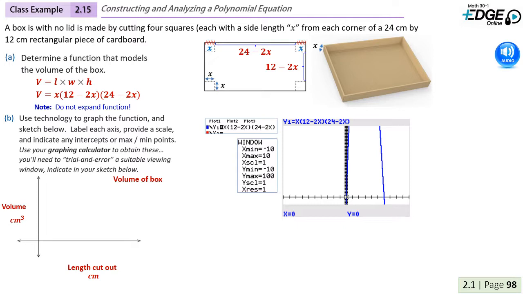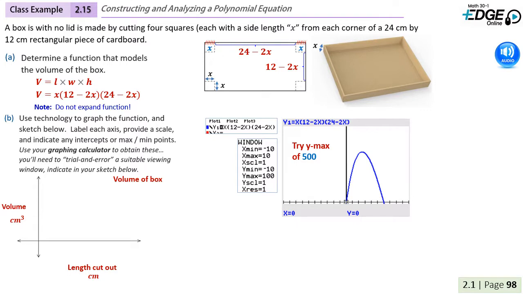I encourage you to not waste your time jumping up by small intervals. The next thing I would guess would be either 500 or 1000. Here we see that 500 is enough to show us the vertex, and so we'll work with this.